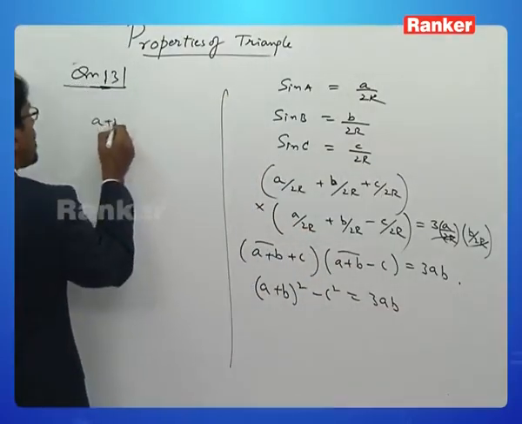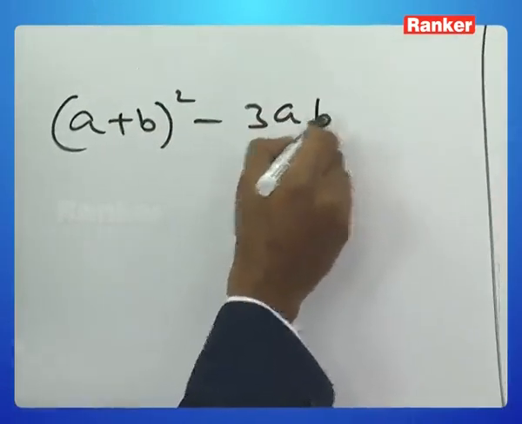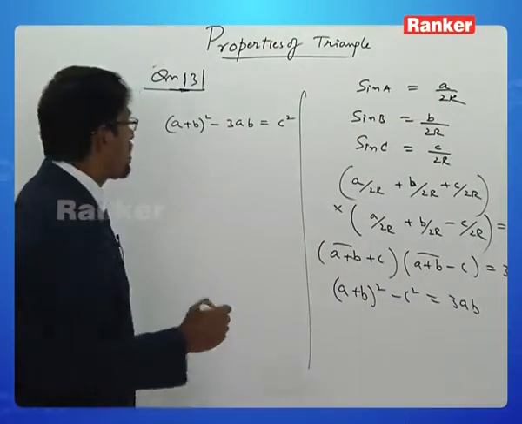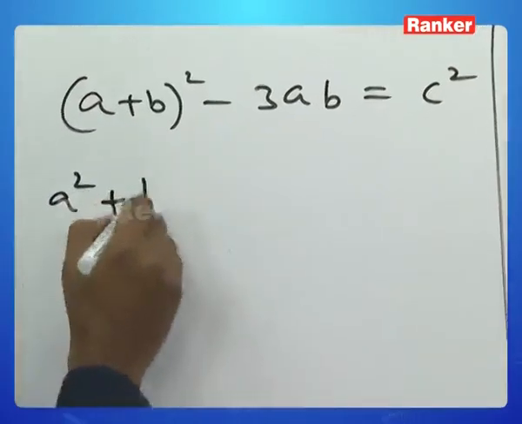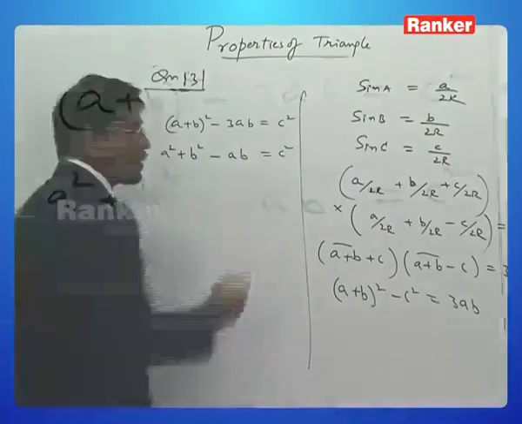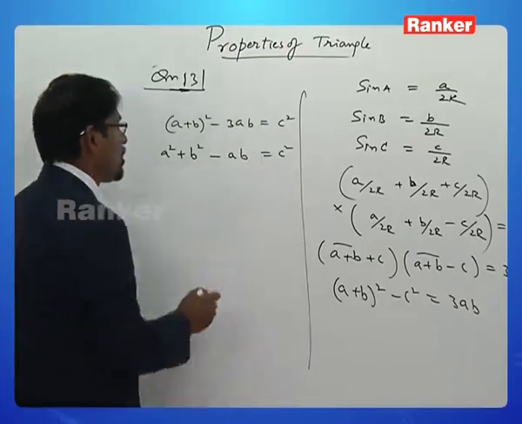So that gives me A plus B whole square minus 3AB is equal to C square. But what is A plus B whole square minus 3AB? This is A square plus B square minus AB is equal to C square, because you get a 2AB here, 2AB minus 3AB.